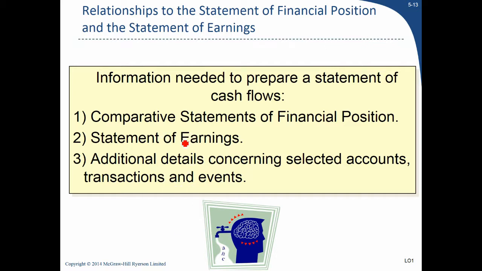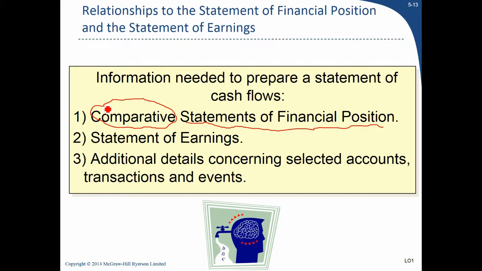Okay, so what do you need? What information is needed to prepare a statement of cash flows? Well, you need statements of financial position, as I just said, but they need to be comparative. Comparative means you need to show last year's balance and this year's balance, and you'll see why. You can't just have the current year balance.